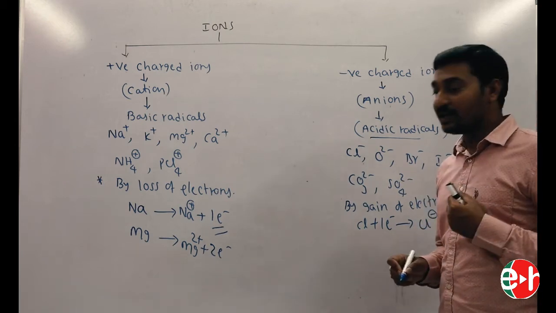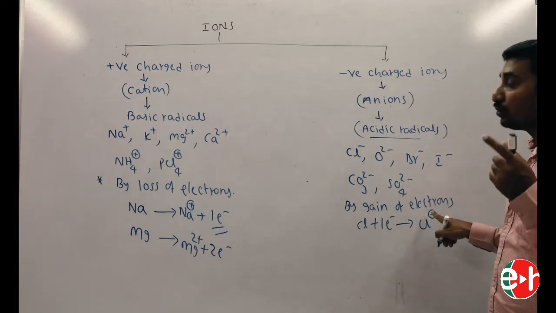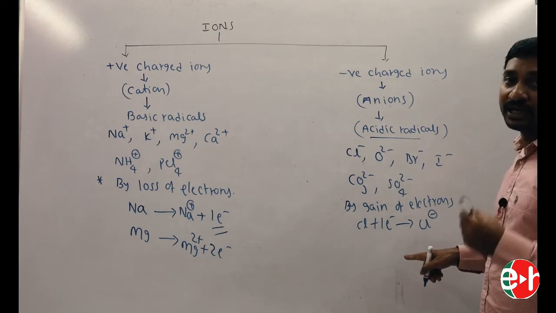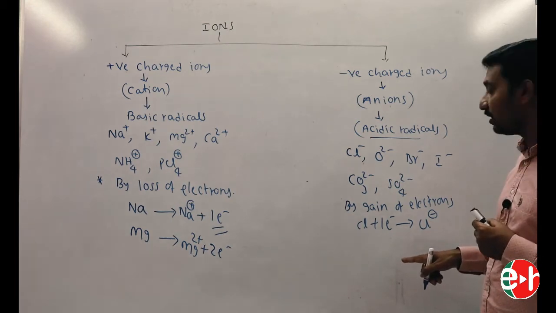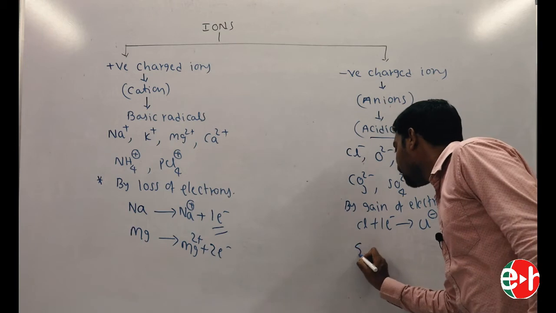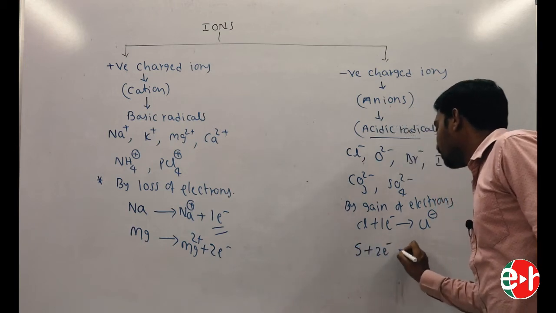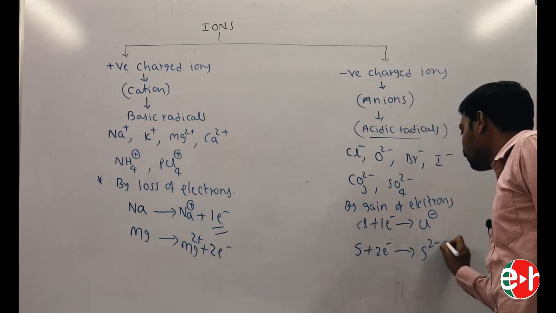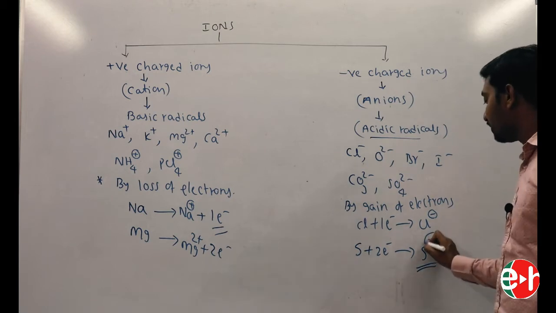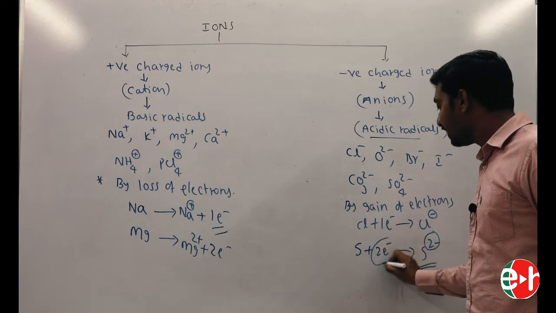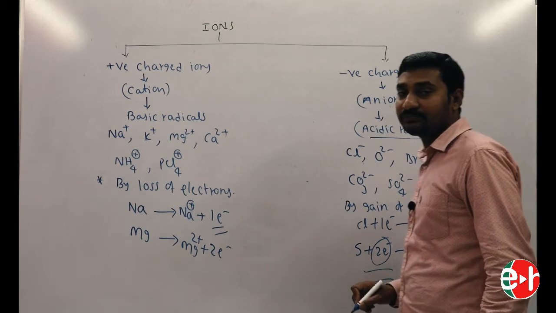One electron gained means one negative charge. Two electrons gained means two negative charges. For example, sulfur plus two electrons gives S2 minus. This is two negative charges because it gained two electrons.